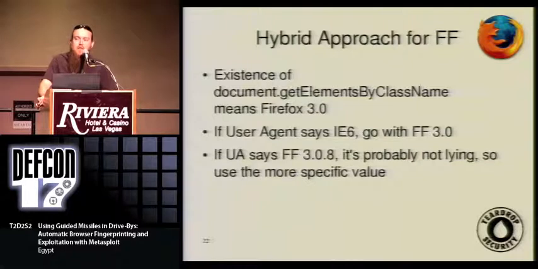So we can use that and check the user agent to see if the user agent is lying. If the user agent says it's Firefox 3.0, and I know for sure that it's Firefox 3.0 because of my object detection, then I can be fairly certain, not 100%, but fairly certain that the user agent is not lying. And once I know that, I can use the more precise value that's in the user agent, 3.0.8 or whatever.